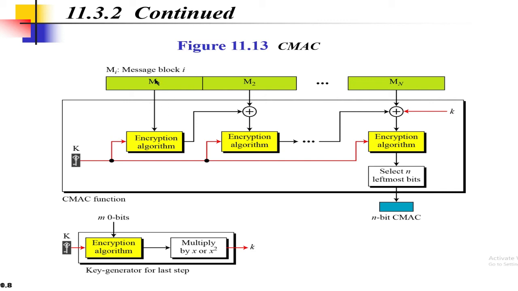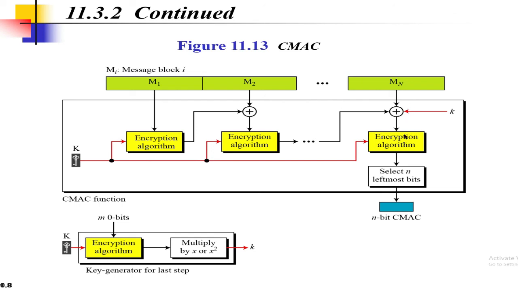The first block M1 of the message is encrypted with a symmetric key to create an m-bit block of encrypted data, and this block is XORed with the next block, and the result is encrypted again to create a new m-bit block. The process continues until the last block of the message is encrypted.